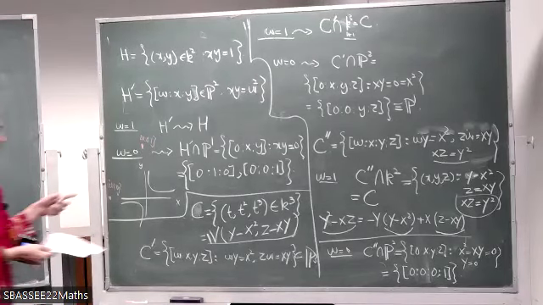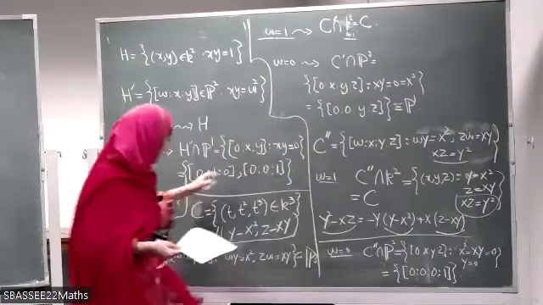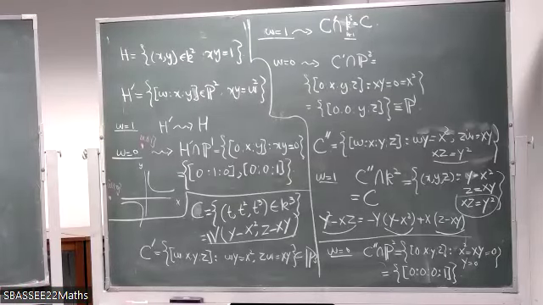As I said before, this is the smallest projective variety which contains this C. It is also known as the closure of this variety in projective space.